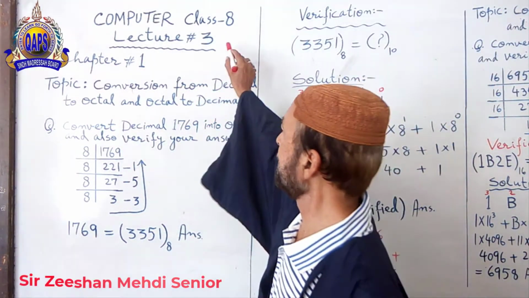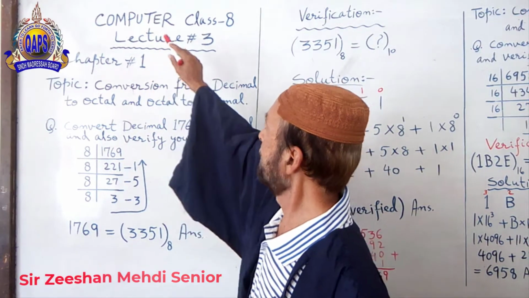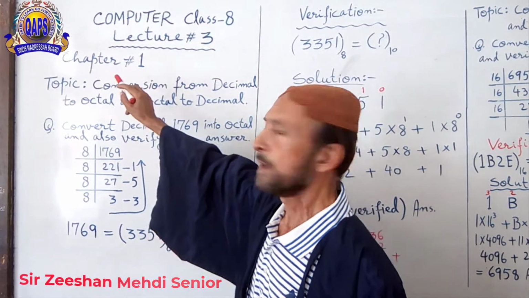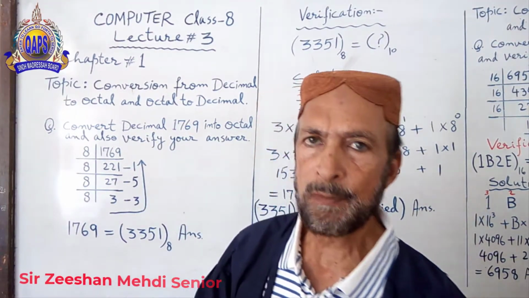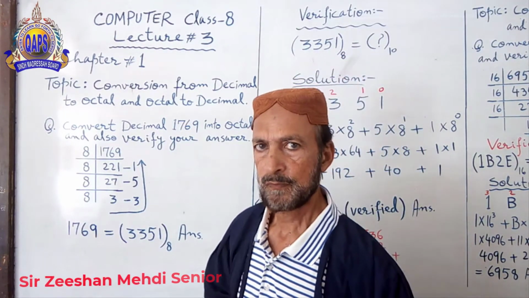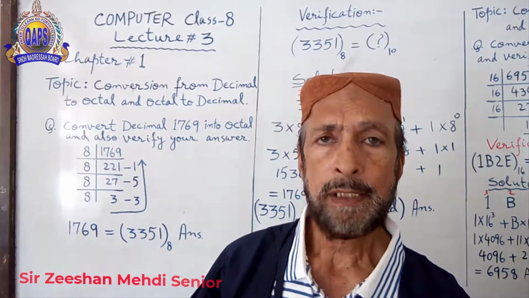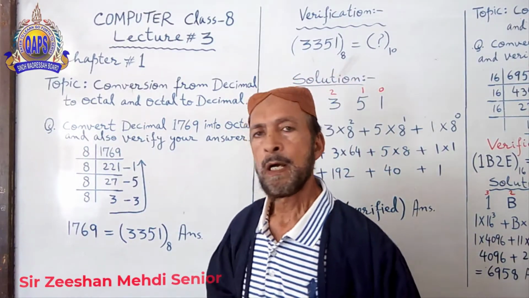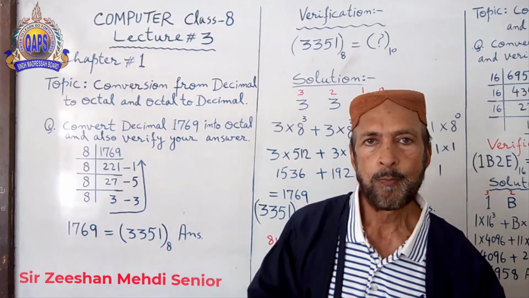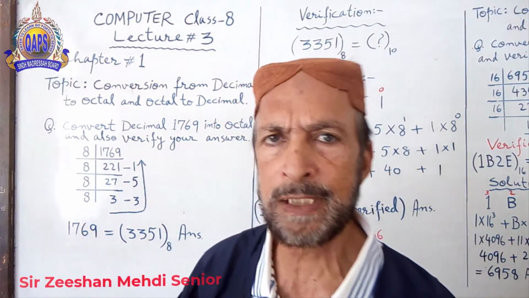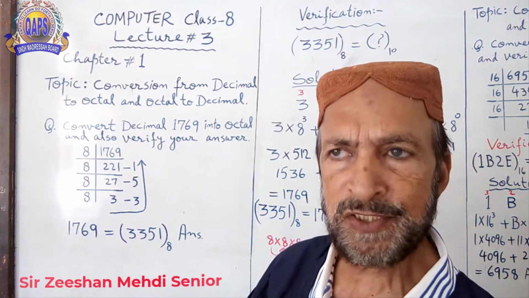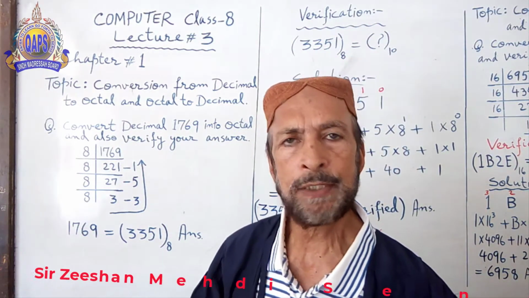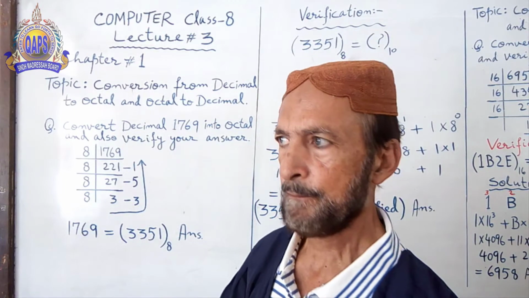I am on lecture 3, computer class 8, chapter number 1, number system. I hope you remember my lecture number 2. In my lecture number 2, I taught you many things.